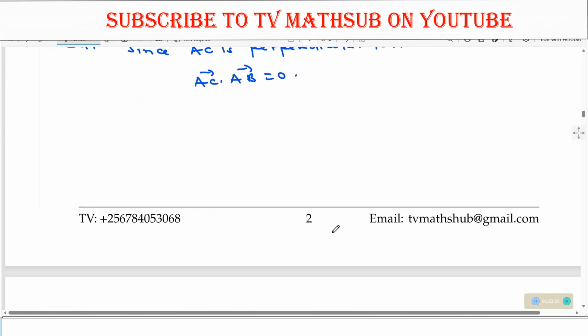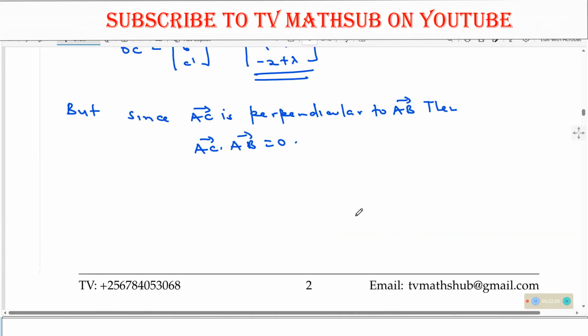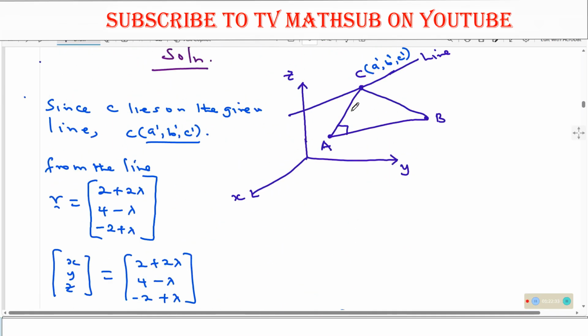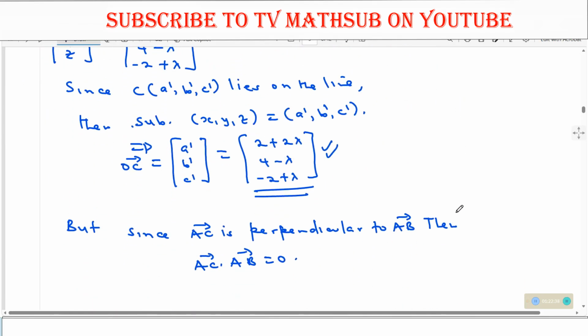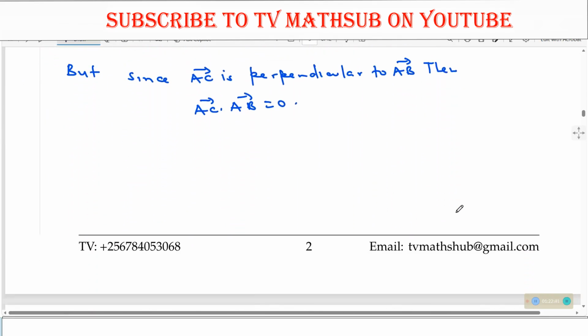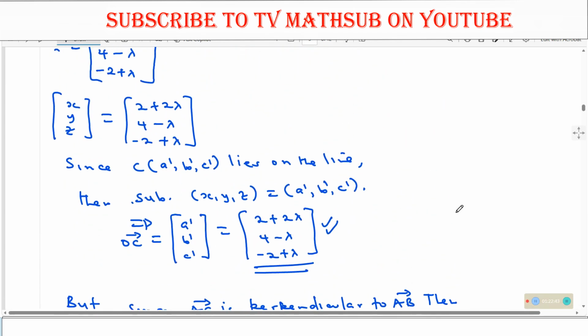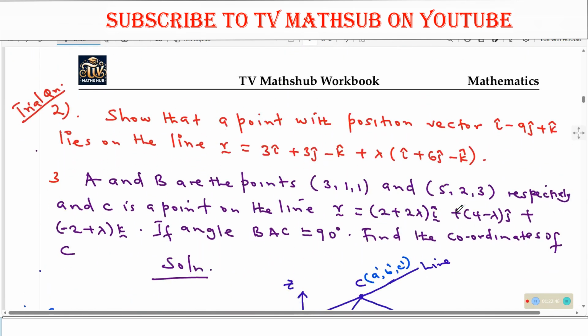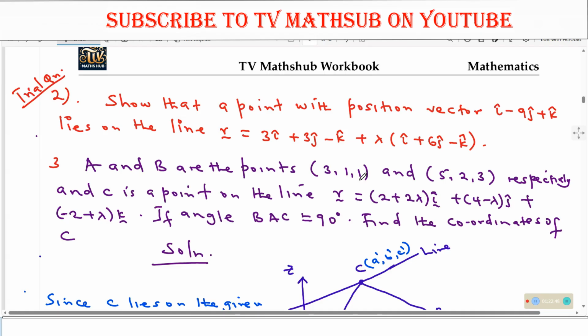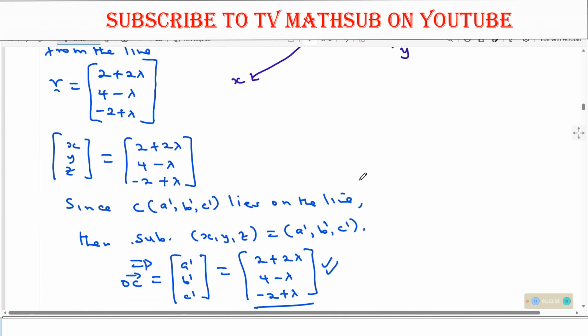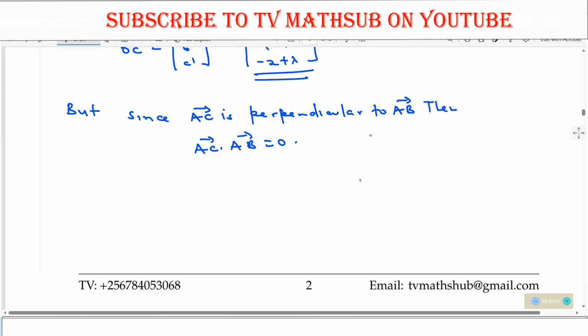Now, can we go on and get AC, because we are given this? This is the fact we are getting from this. Because if this is 90 degrees, then AC and AB, their dot product is 0. Now, I want us to get AC. What will be AC? We have point A, 3, 1, 1. So get for me those. Point A is 3, 1, 1.